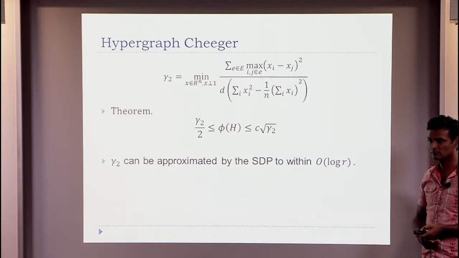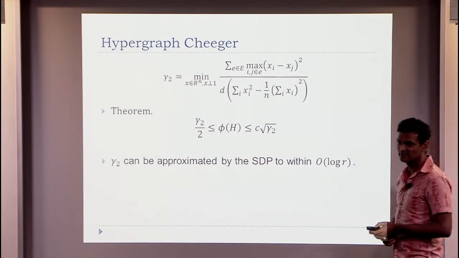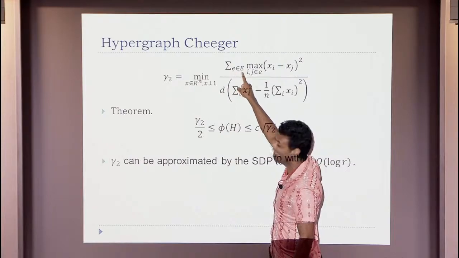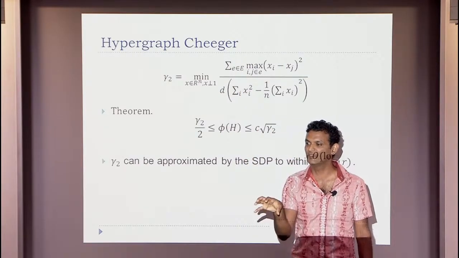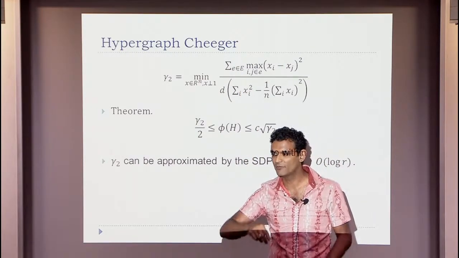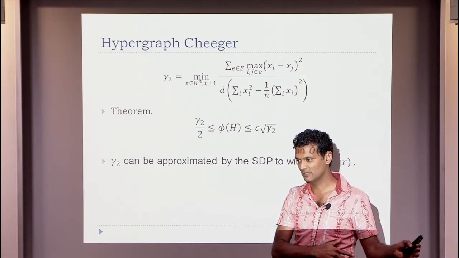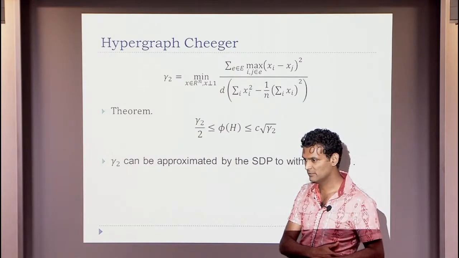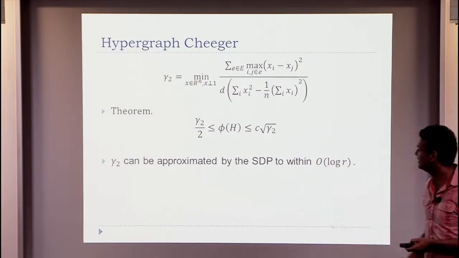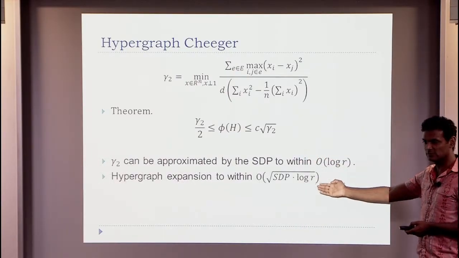Oh, no, I'm sorry. So there we summed over vertices. Here these are hyperedges. A hyperedge corresponds to a single vertex. I'm defining one hyperedge for the neighborhood of each vertex of your original graph. Okay, so you get this to within log R.